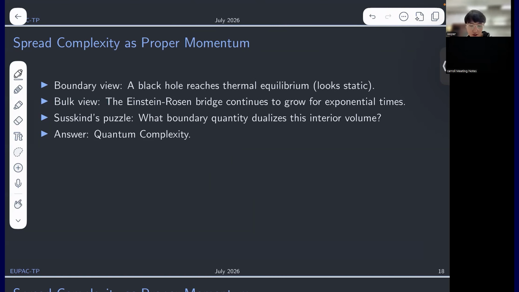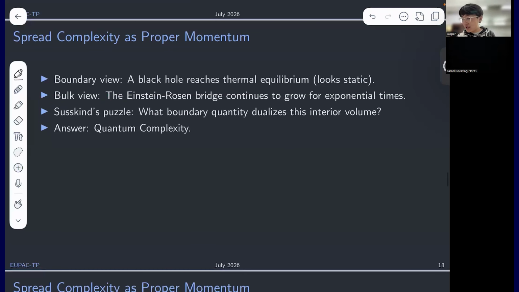But the Susskind question was, okay, we have this thermal equilibrium really fast, but what about this growing volume of the Einstein-Rosen bridge, right? As time moves forward, even though thermal equilibrium has been reached by the black hole, the volume of the Einstein-Rosen bridge keeps increasing with time. So the question was, what does this increase in volume dual to at the boundary? So Susskind's answer was, well, it's the complexity that is dual to this.